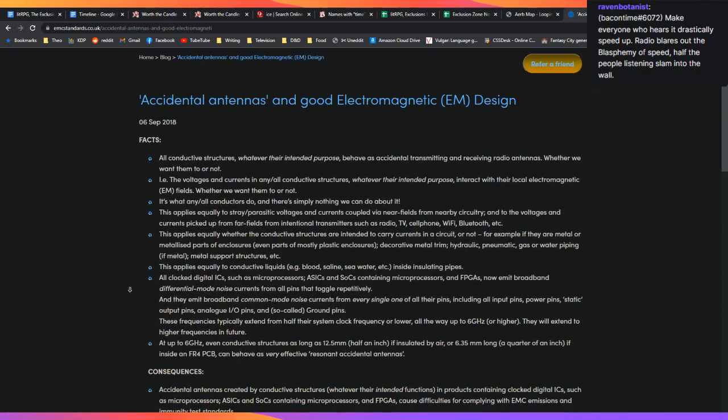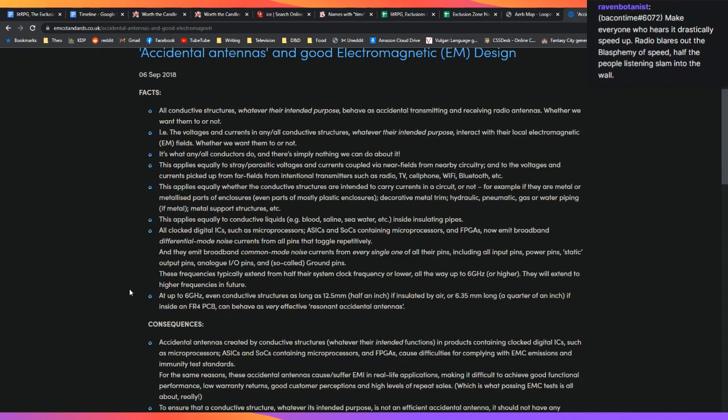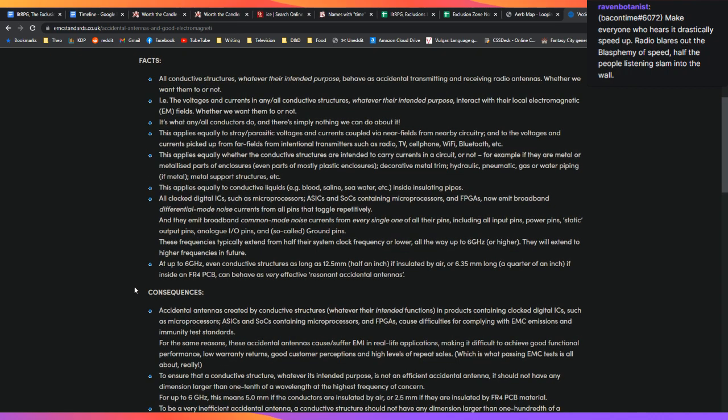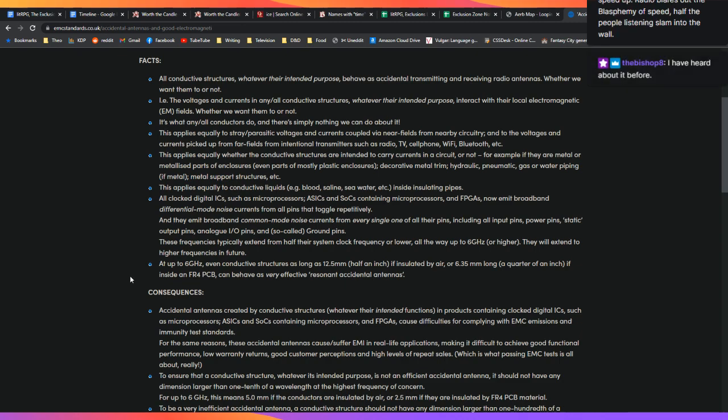This is my favorite part of writing. Sorry, I said that sarcastically, but it is one of my favorite parts of writing. So it's a non-sarcastic answer. All conductive structures, whatever their intended purpose, behave as accidental transmitting and receiving radio antennas, whether we want them to or not. Yes. Okay, I just need to clarify this. I know almost nothing about engineering. I know almost nothing about a lot of things, and I just try to read up enough that I'm not talking shit.